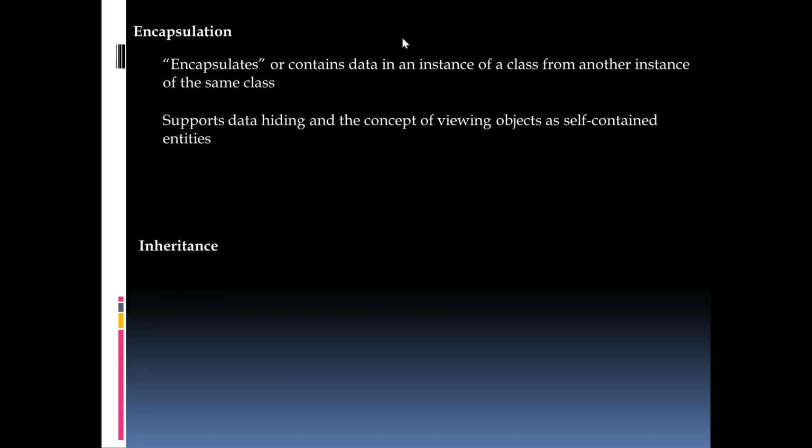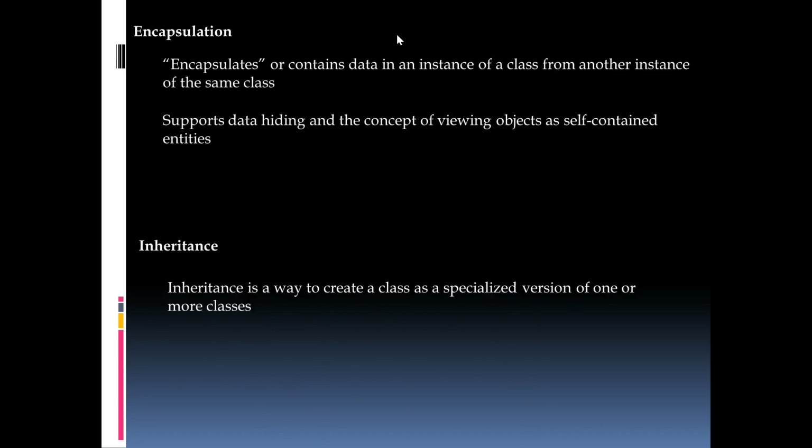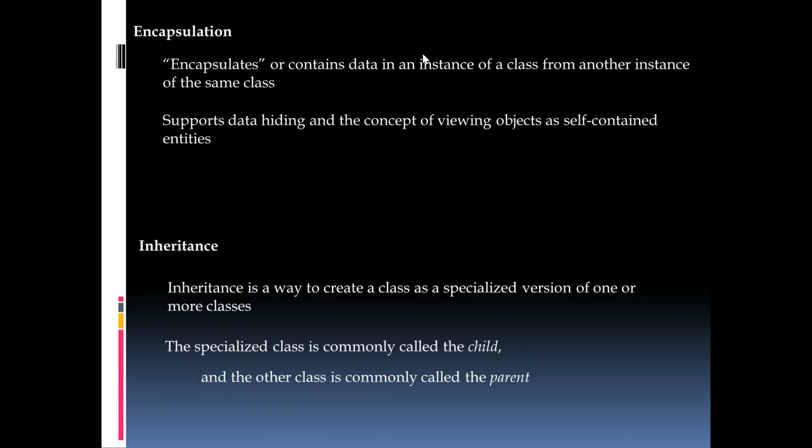The next one is inheritance. Inheritance is a way to create a class as a specialized version of one or more classes. The specialized class is commonly called the child, and the other class is commonly called the parent. So inheritance is like a parent-child relationship, while for encapsulation, it's from one class to another.